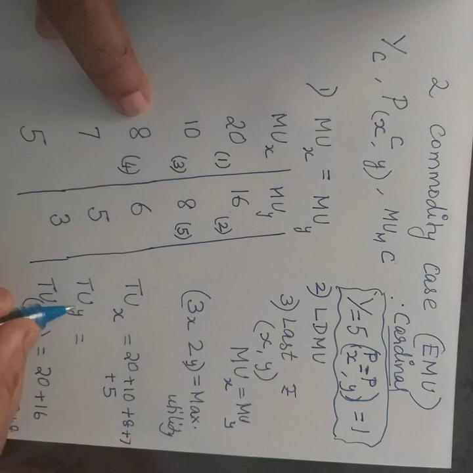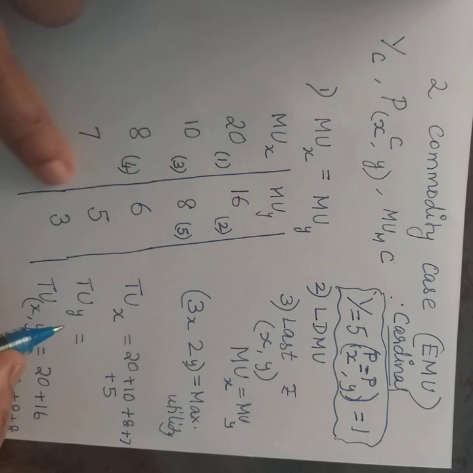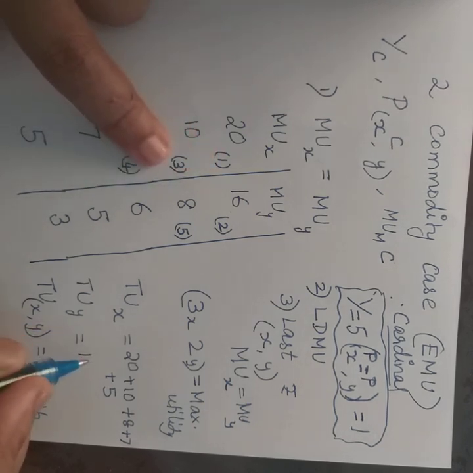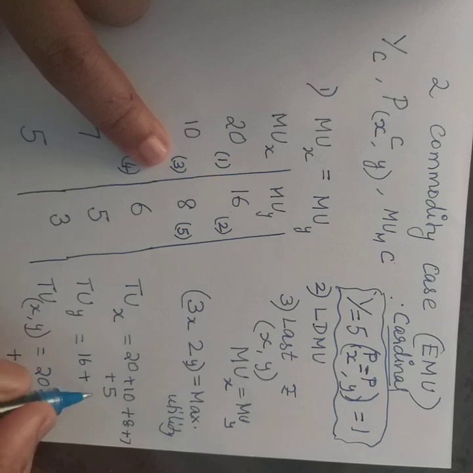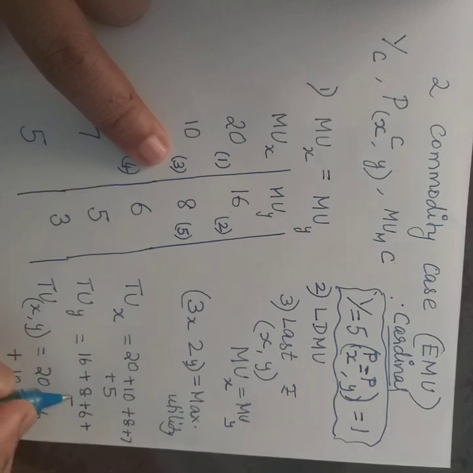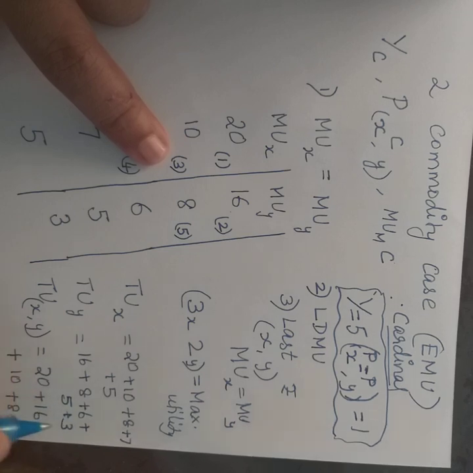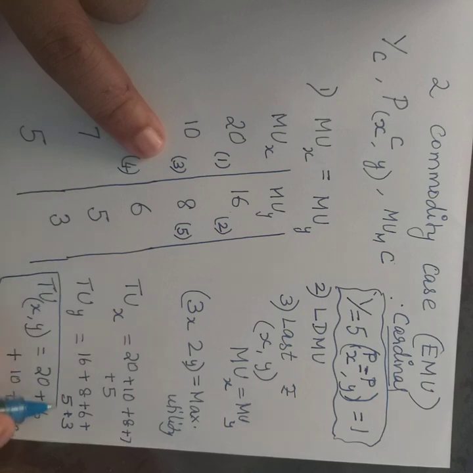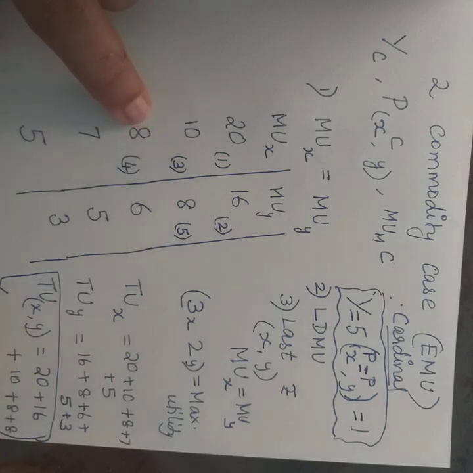And then total utility that is going to be received if the entire income is going to be spent on Y, that would be 16 plus 8 plus 6 plus 5 plus 3. Fine. So if you sum it all up, very clearly you will understand that over here the total utility in case of X and Y will be maximum.